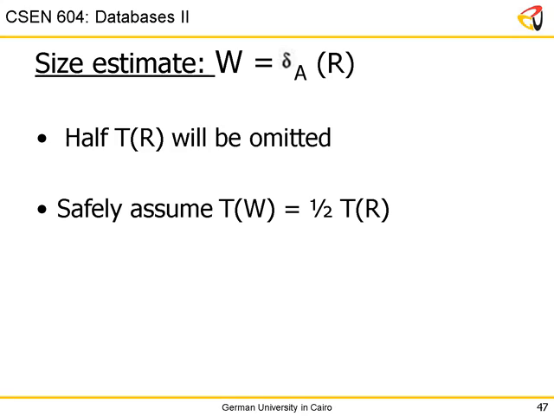So on average, half will be omitted. That's the rationale here. Again, remember, this is an estimate, okay? So on average, the size of my result set, between the 0 case and all the number of rows, is going to be half. And this will be our estimate.